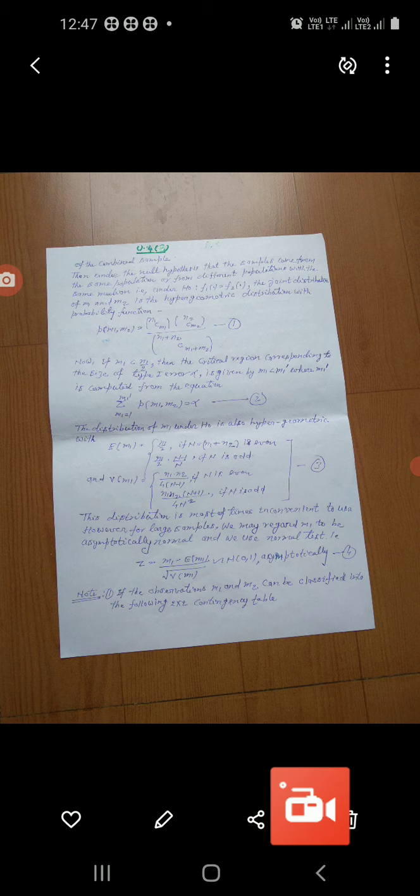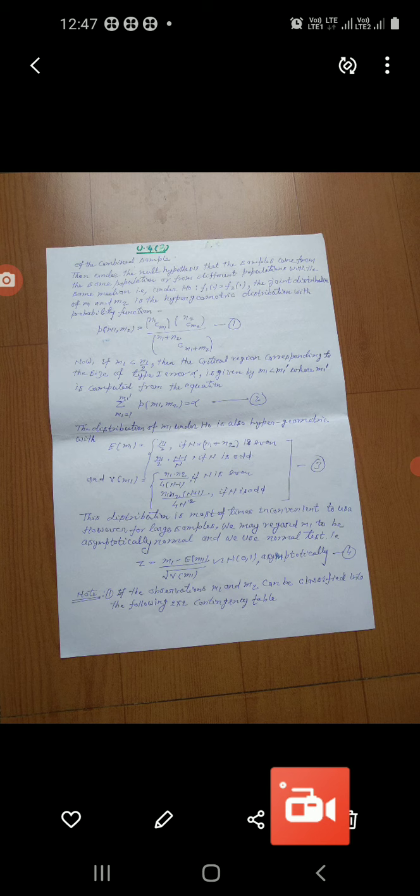This is equal to n1 C m1 into n2 C m2 upon (n1 plus n2) C (m1 plus m2), and let it be equation number 1. This is very simple. As you find the probability of two things, in the same way we have found the probability.